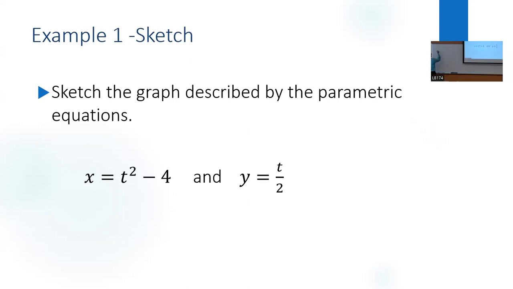So let's sketch x equals t squared minus 4 and y equals t over 2.